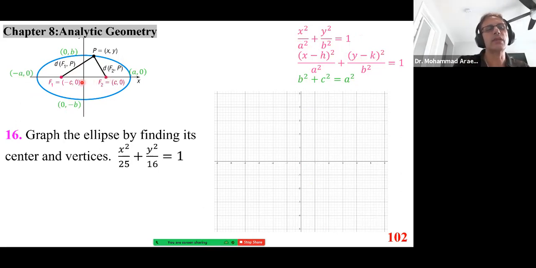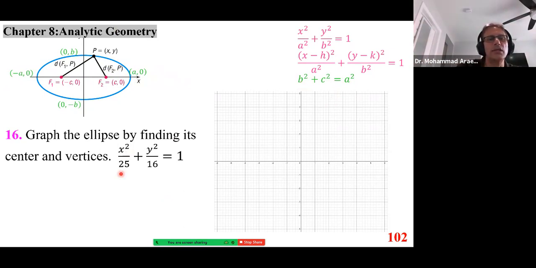In this case, because it is elongated along the x-axis, a is larger than b. Therefore, b squared plus c squared is a squared. b is this distance, and c is the distance from the center to the focus. If it's elongated along the y-axis, then a squared and b squared interchange.